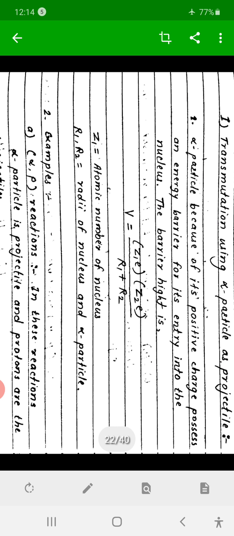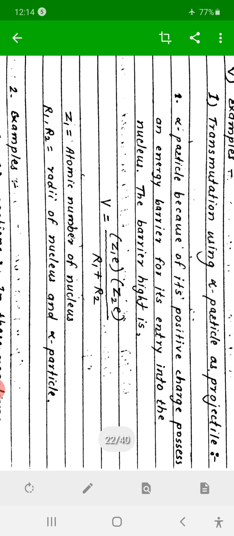First, we discuss transmutation reactions using alpha particle as a projectile. Alpha particle is nothing but He 2 4, that is a helium nucleus without electrons. Helium 2 4 means only the nucleus of helium, which possesses 2 neutrons and 2 protons, and no electrons, therefore it possesses 2 positive charge.